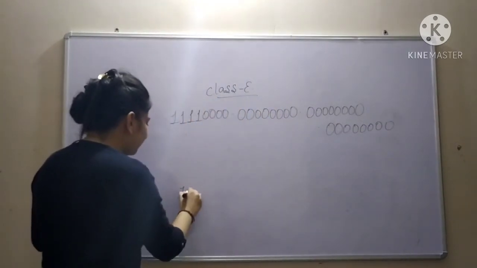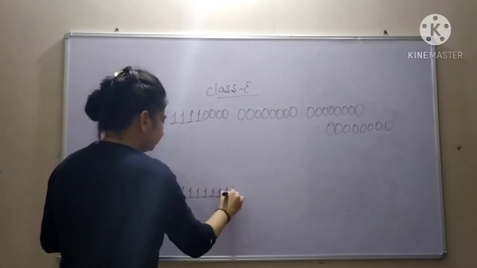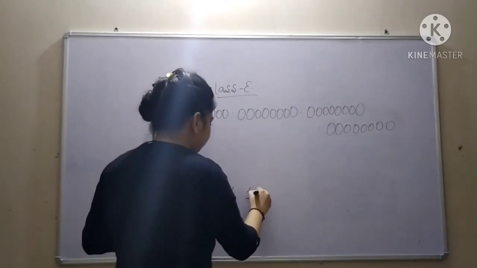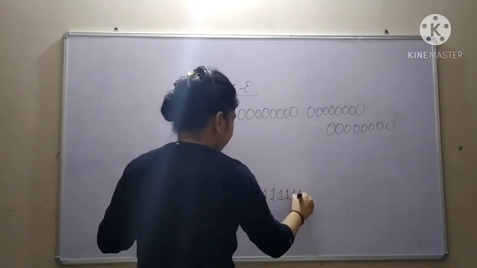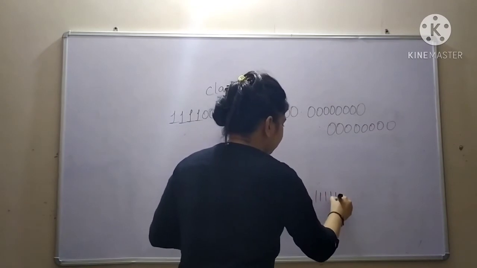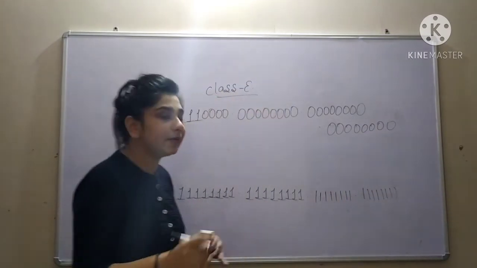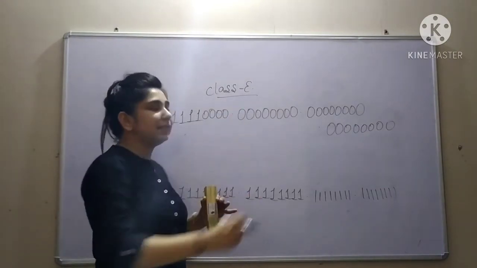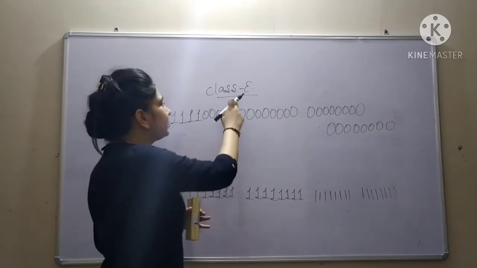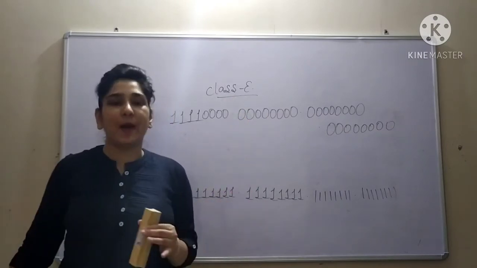What is the last IP address? 255.255.255.255. So this is the last IP address of class E. These IP addresses are reserved and used for experimental purposes. We don't give them to any devices.